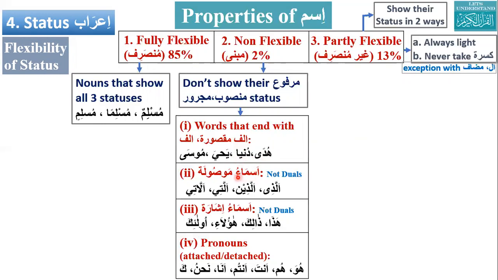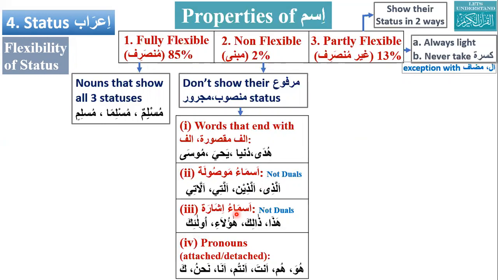Similarly, the ism mausul, like allazi, allazina, allati, those are all non-flexible, but their duals can be flexible. Then third type is asmaul ishara, like haza, zalika, haulai, ulaika. These are also non-flexible. Like haza is haza in marfu, mansub, and majrur status.